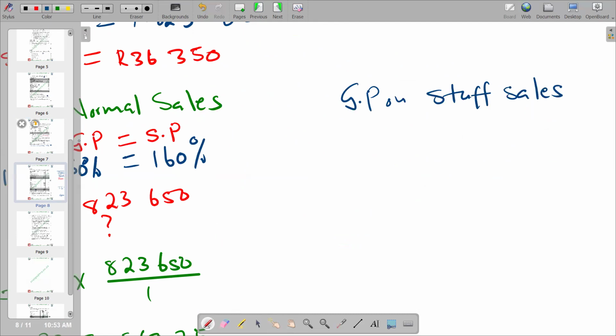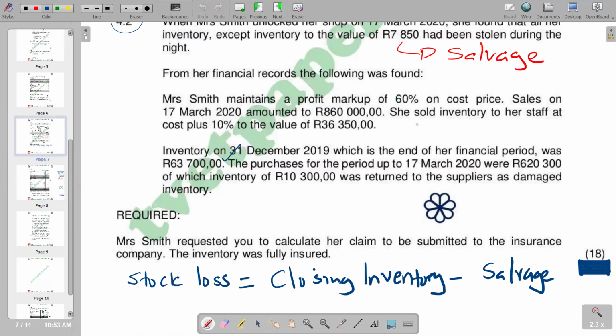Whereby if you refer back, you would see that we are told that it sold inventory to staff at cost plus 10% to the value of 36,350 rands. So basically, this is going to be your selling price. And we are given a markup of 10%, which is our gross profit. And then we know that the cost price is always 100%.